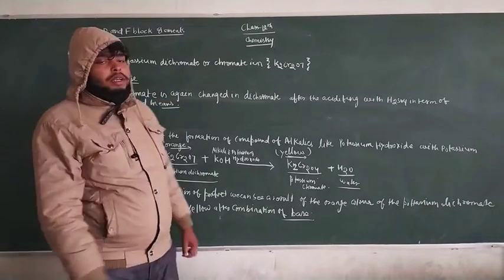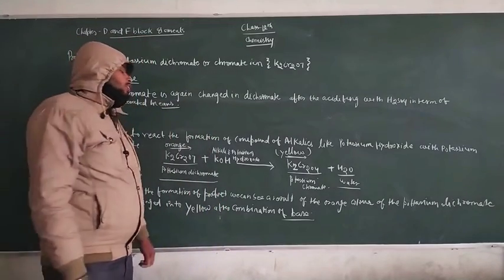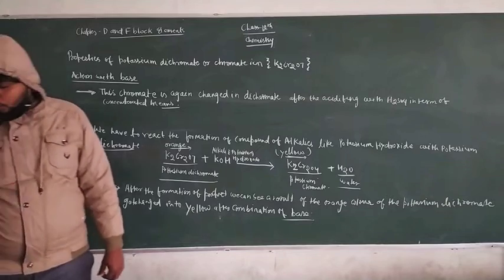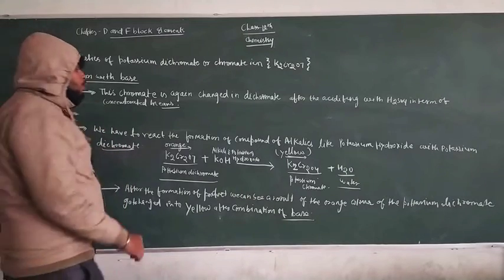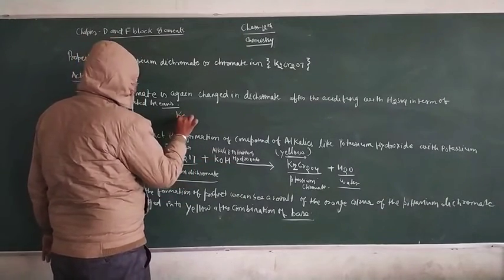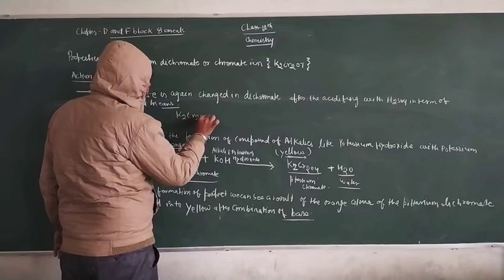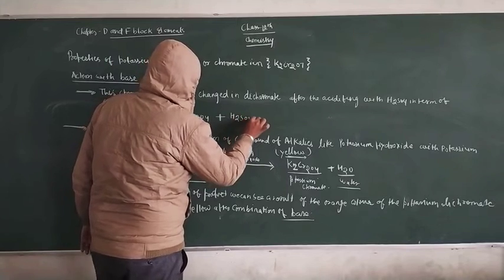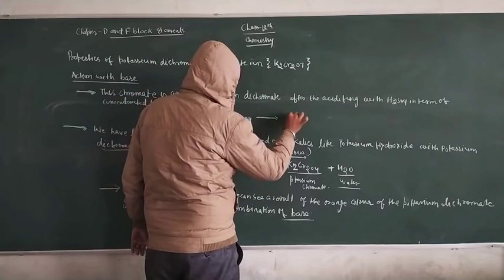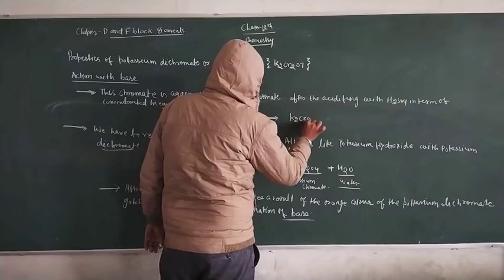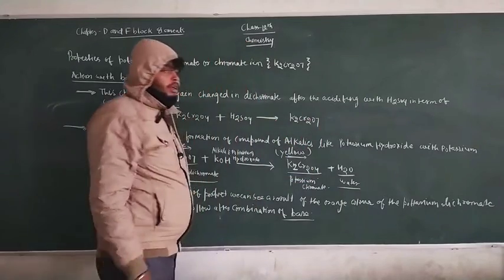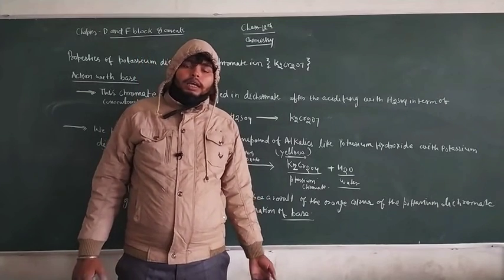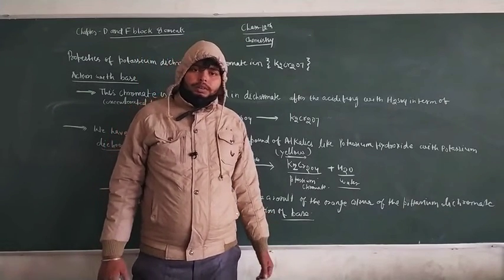That means our reaction is again completely followed in terms of that. When you have to prepare K2Cr2O7, this is chromate, that means K2CrO4 is again combined with H2SO4, and we get the compound K2Cr2O7. In terms of acidifying, we can say this chromate is changed into dichromate.